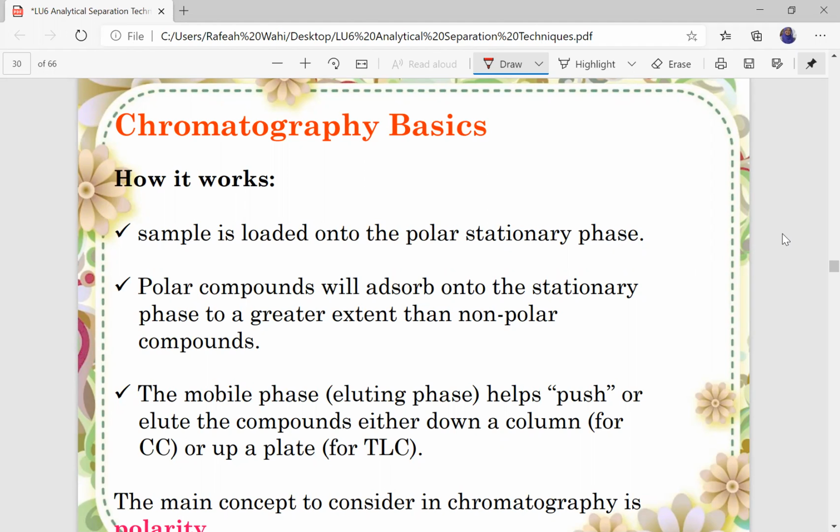Remember just now, the column and the plate represent the stationary phase. Understand that there are two types of stationary phase, column or planar. For planar, normally we call it a plate, whether it is a TLC plate or paper for paper chromatography.